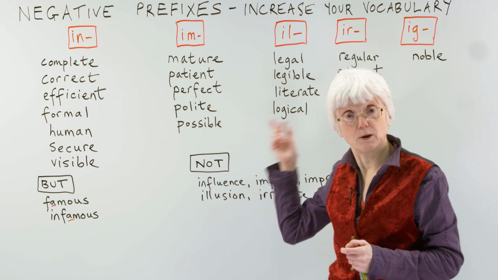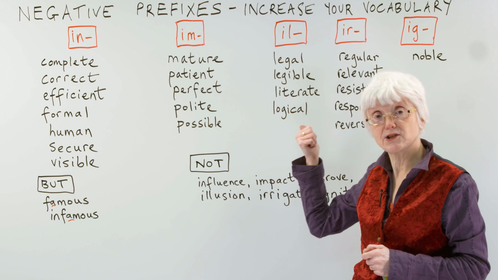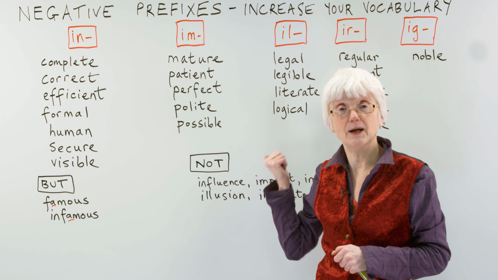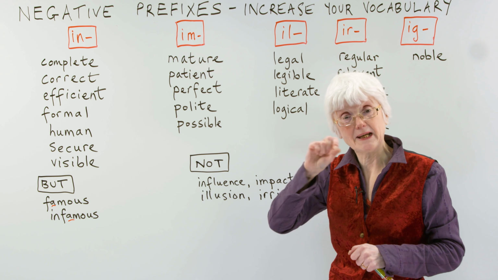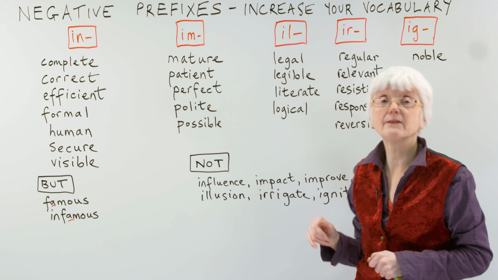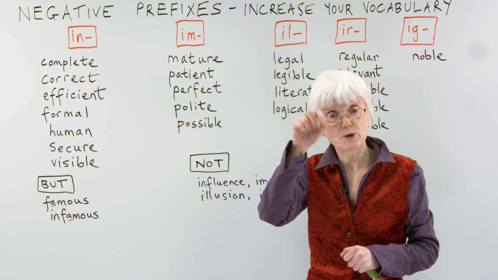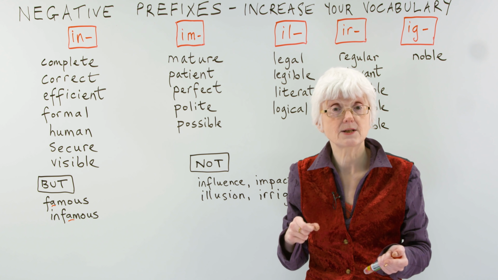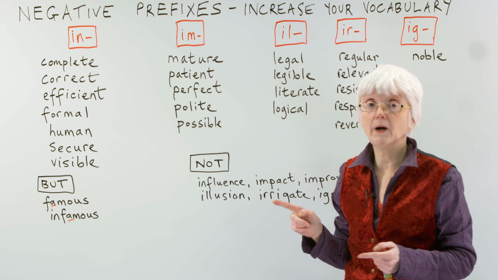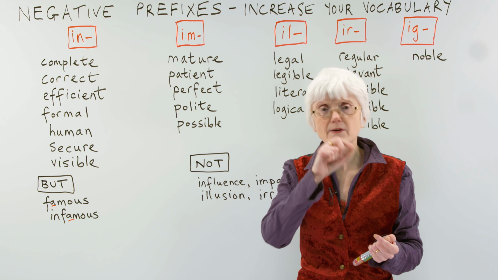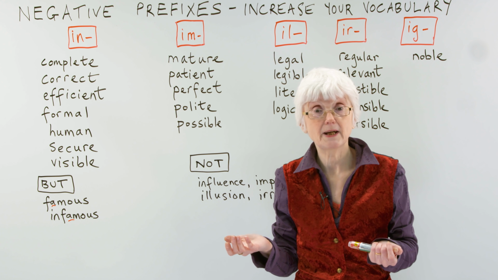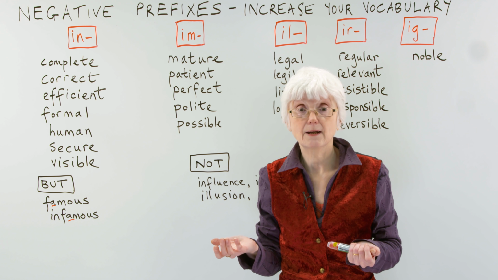Legible is, I hope my writing is legible, meaning you can read it. I hope you can read it. I try to make it clear. So something that is legible, if you have legible handwriting, people can read it. But I know some people with very bad handwriting, and they can't even read their own handwriting.